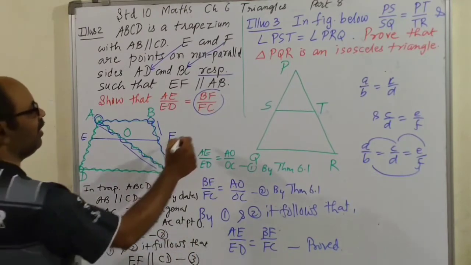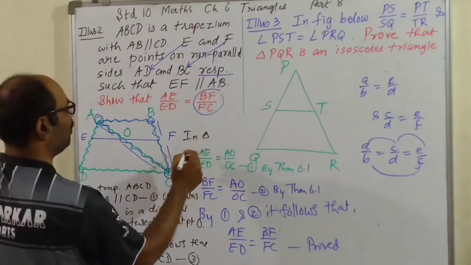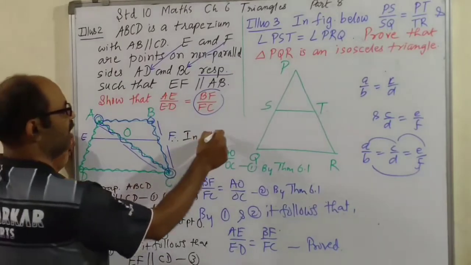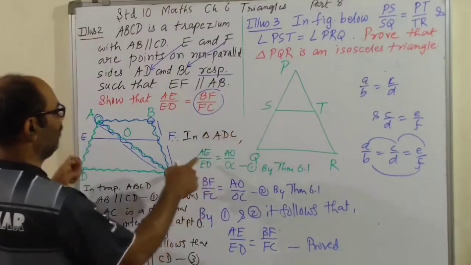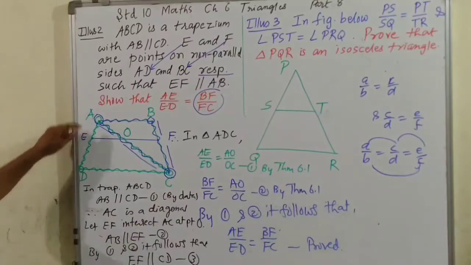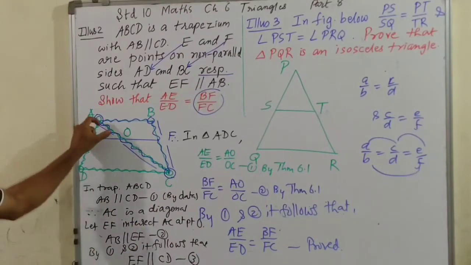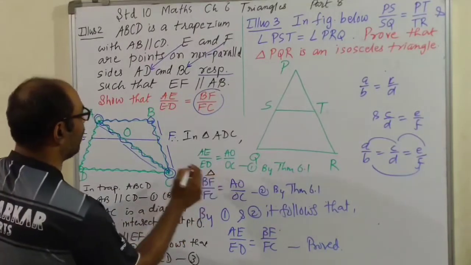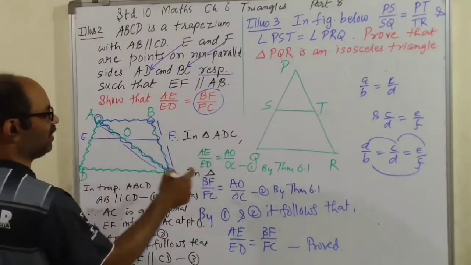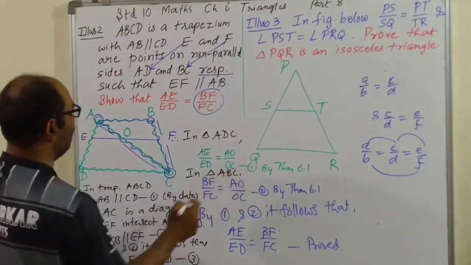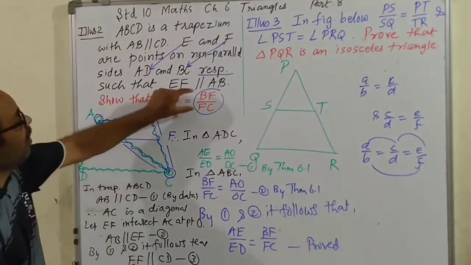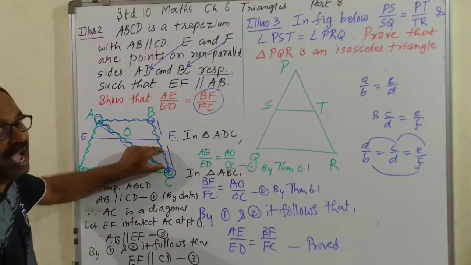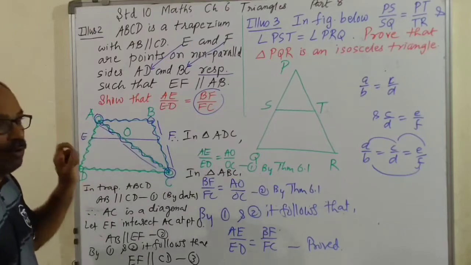Correct? Therefore, in triangle ADC, we got this AE upon AD, part upon part is equal to part upon part, result 1. And here we'll write in triangle ABC, yes, this part, because we focus here, BF upon CF या FC is equal to AO upon OC.